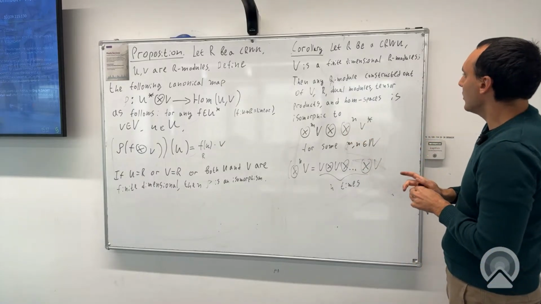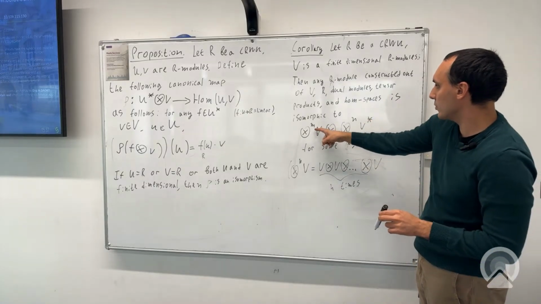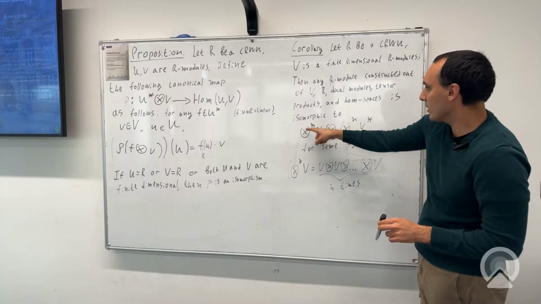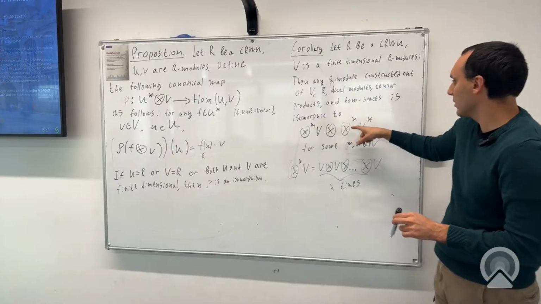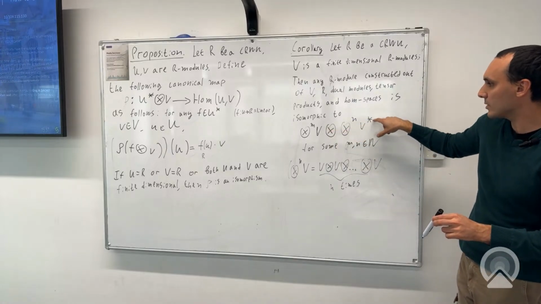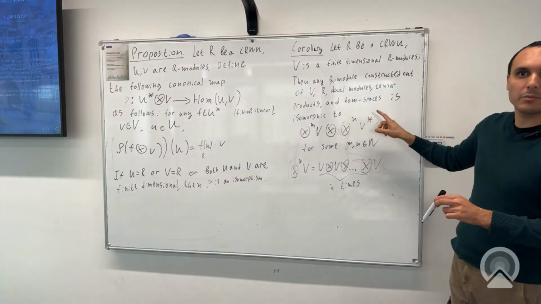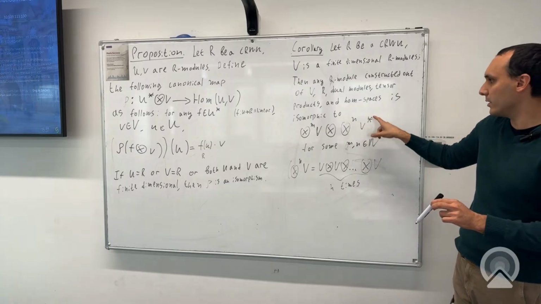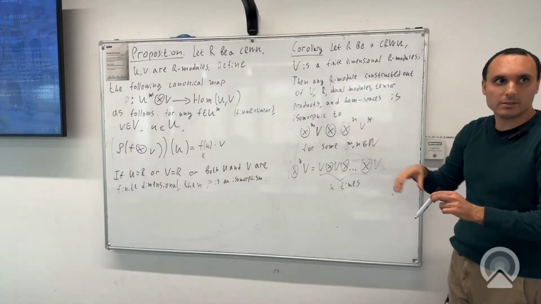If you take the dual of this, it will be the tensor product of M of V star, n times, multiplied by this; the double stars will become no star, become V. So the indices interchange.